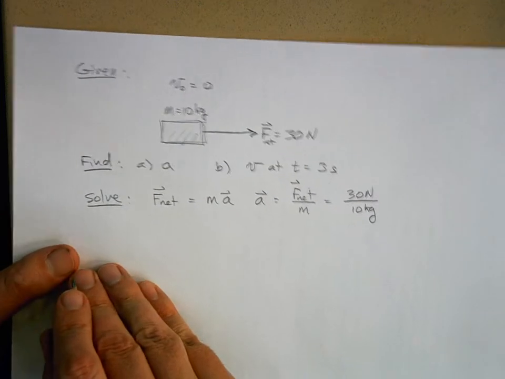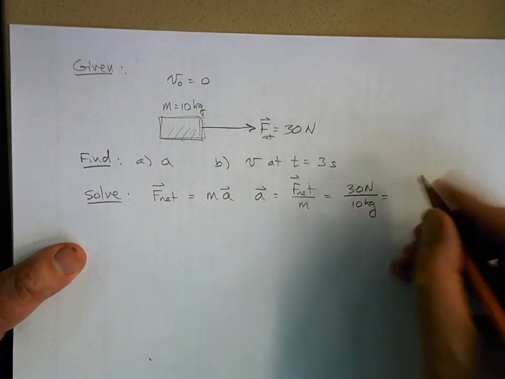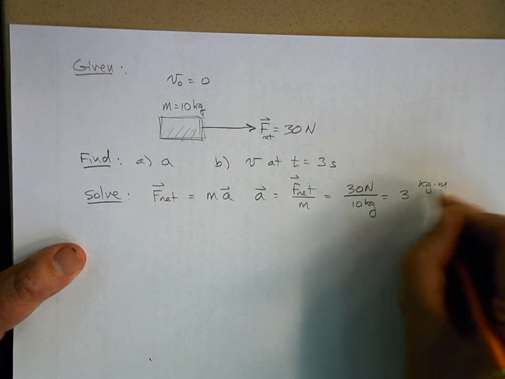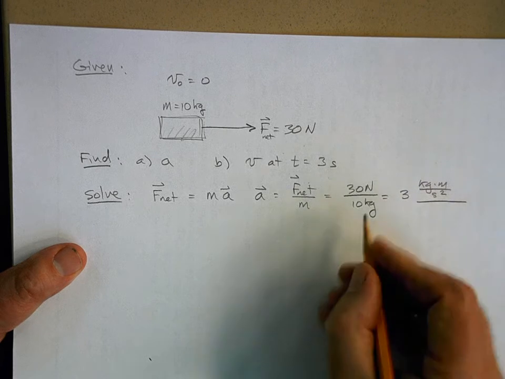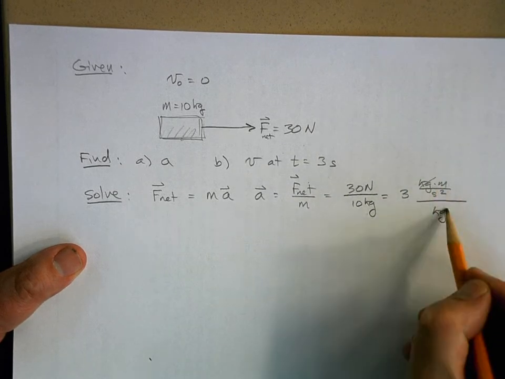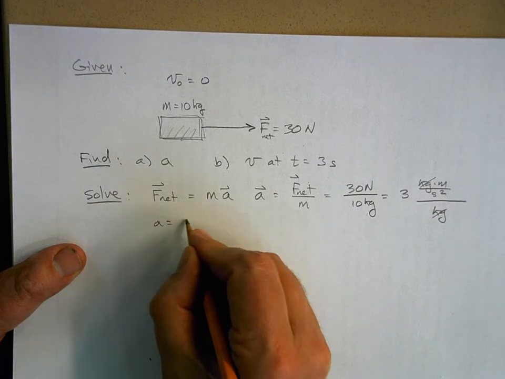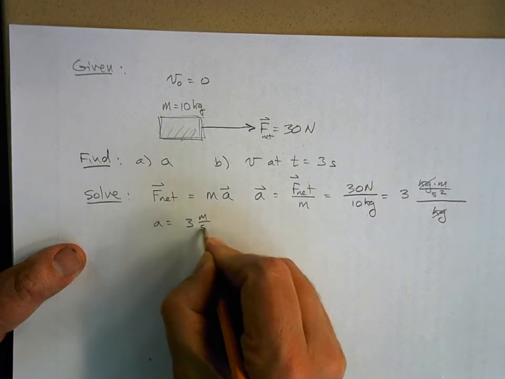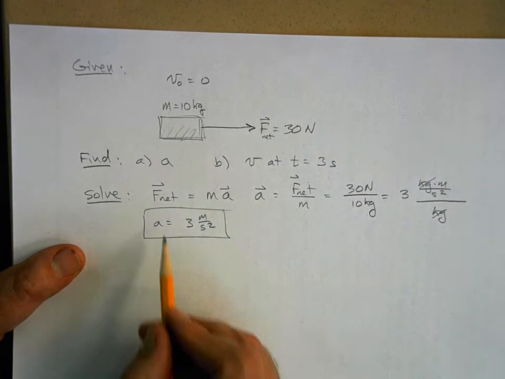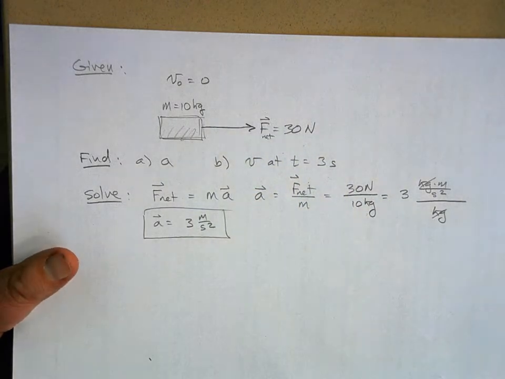Now watch the units here. 30 divided by 10 is 3, and a newton is a kilogram meter per second squared. I'm going to divide that by kilograms, and notice that the kilograms cancel. And so the acceleration will be 3 meters per second squared. Easy. And the direction of this acceleration will be 0 degrees, or to the right, or however you want to express that.